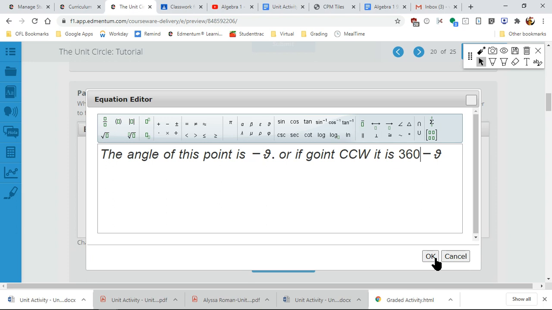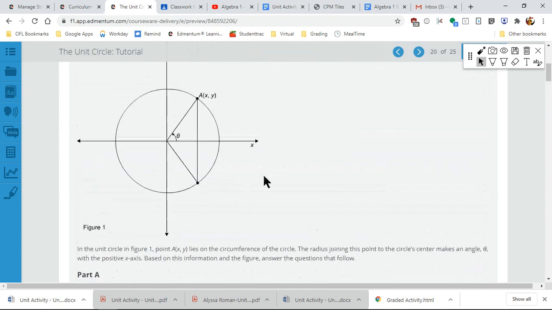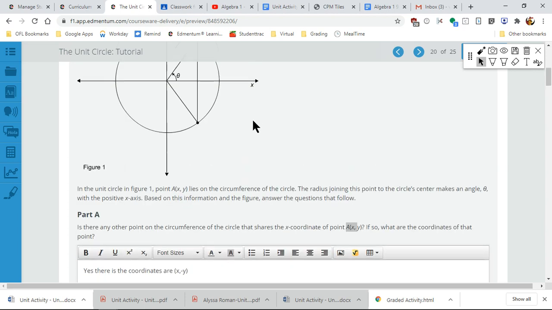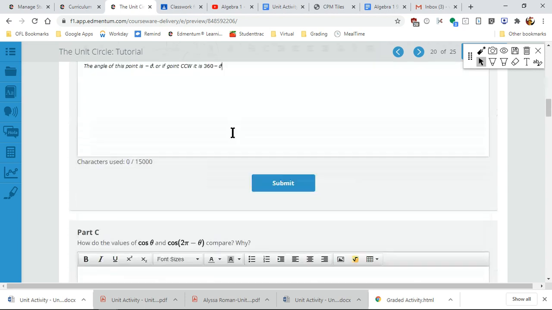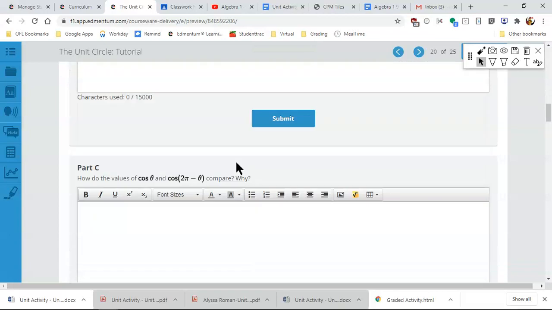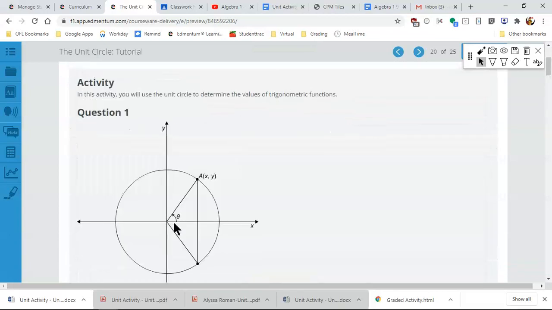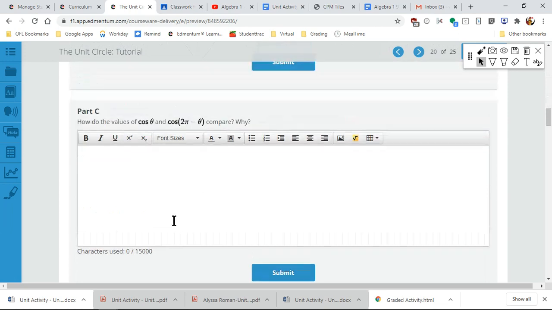The negative theta is just by saying if we start at 0, we would go down negative theta. But if we want to go the other way, how far are we going? Well, it's 360, take away whatever's there. So that's what I mean by negative theta or 360 minus theta. We don't know what this angle is, so we're just calling it theta right now. Does that make sense?